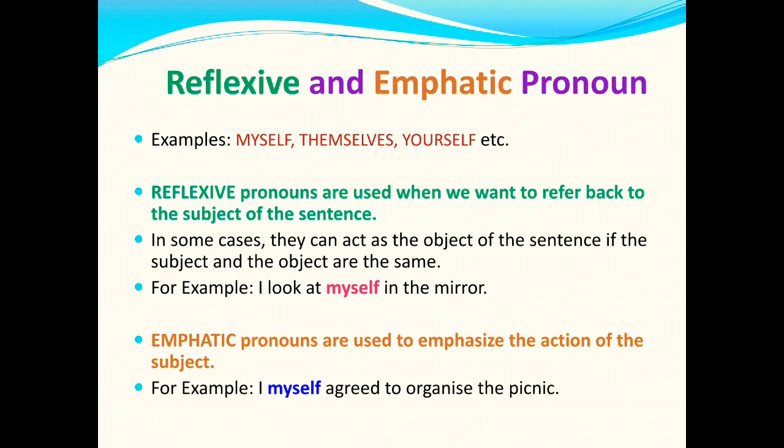For example, I myself agreed to organize the picnic. Here the word myself is putting emphasis on the action of the subject. So here the word myself is working as an emphatic pronoun.